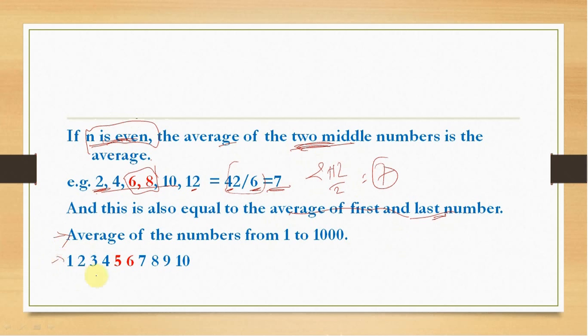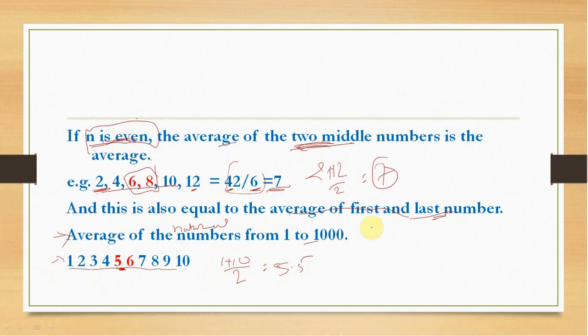What will be the average of the natural numbers from 1 to 10? The average will be the average of the middle two numbers or the average of the first and last number, which is 5.5. Now consider the average of the natural numbers from 1 to 1000.